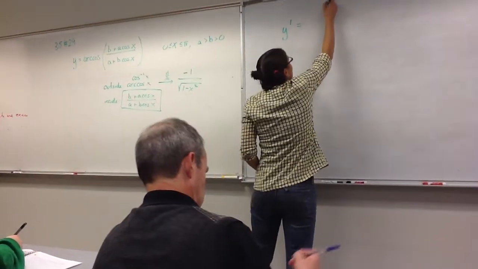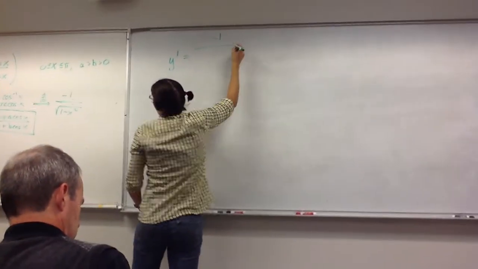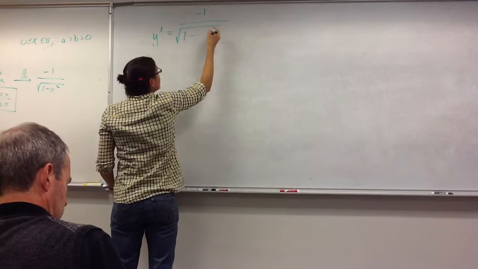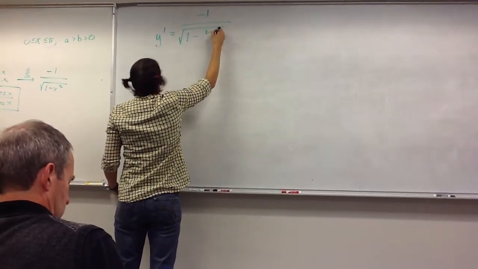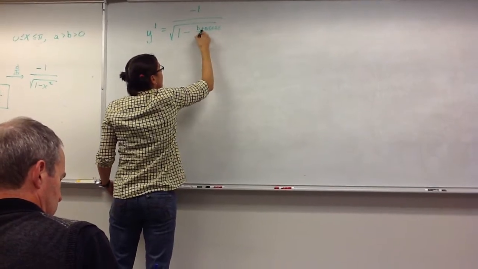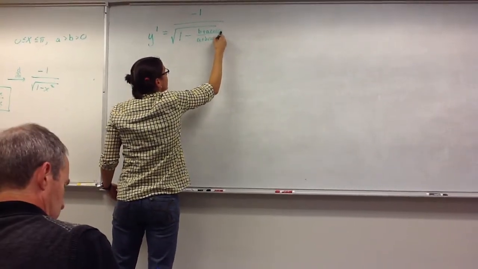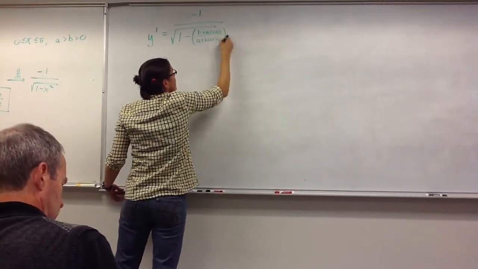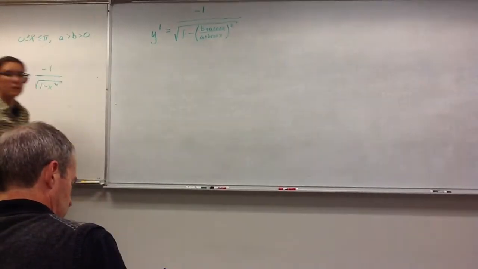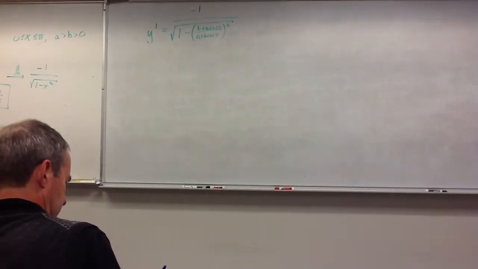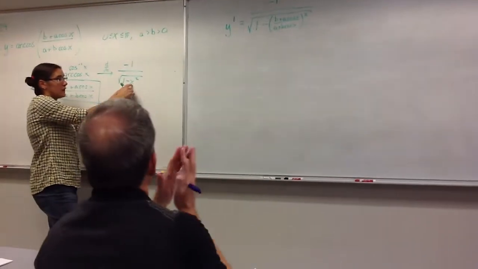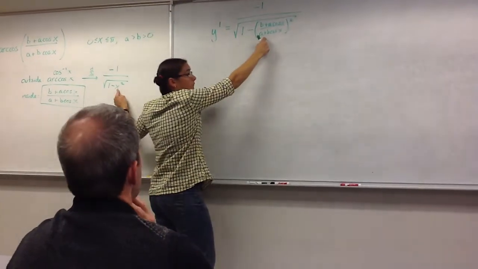So we've got y prime is equal to negative 1 over square root of 1 minus (b plus a cosine x over a plus b cosine x) quantity squared.